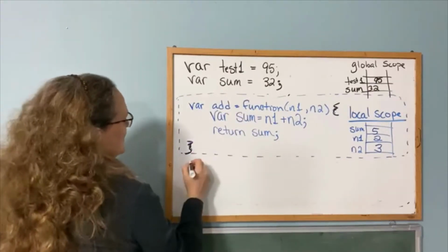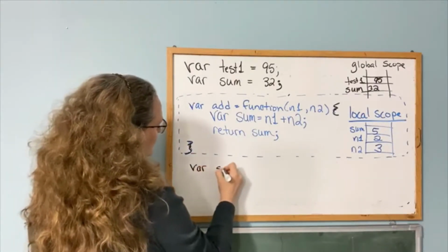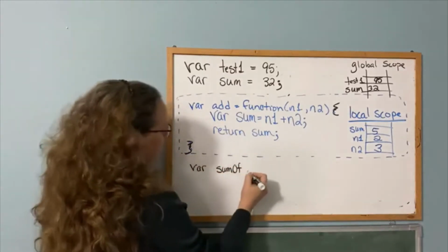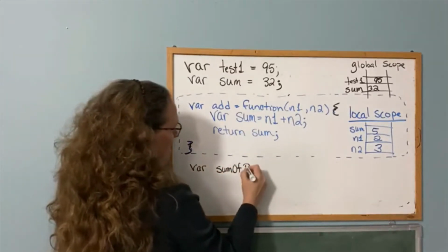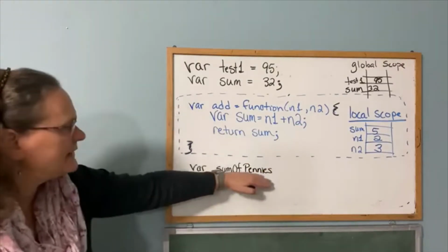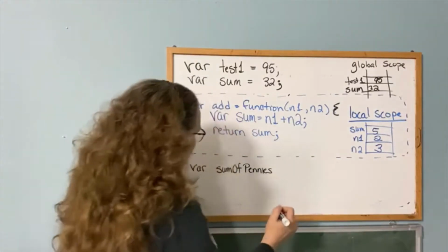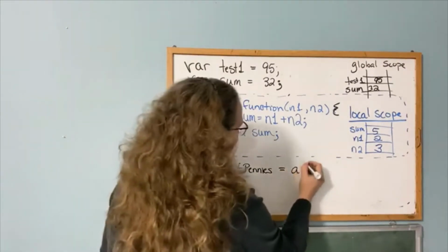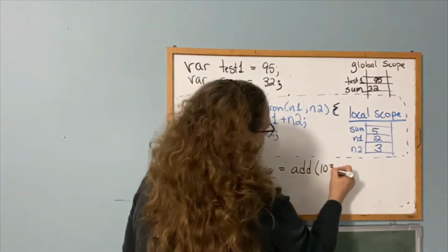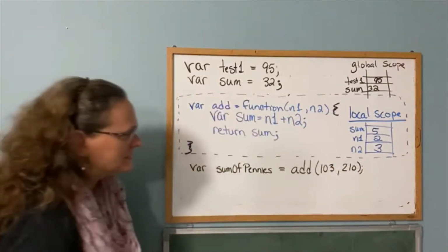So now if we call and we want to get a sum of our pennies, we can call our function add and pass in some numbers.